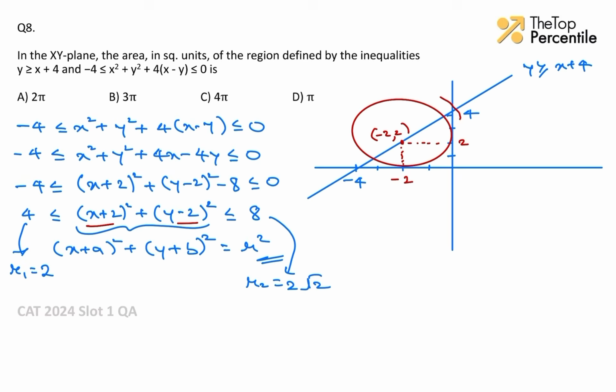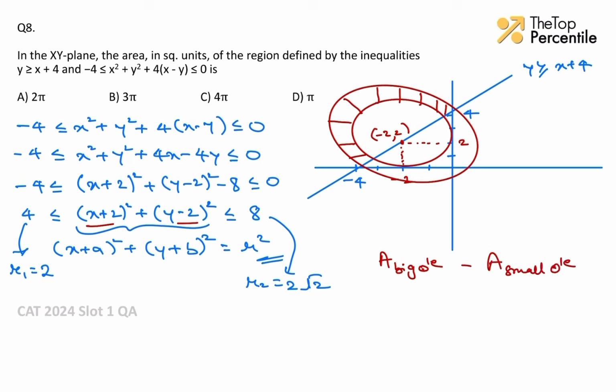Let me draw another circle. And the region that I need to find is this. So all that I need to do now is find the area of the bigger circle minus the area of the small circle, and divide it by 2 since the line is completely passing through the center.